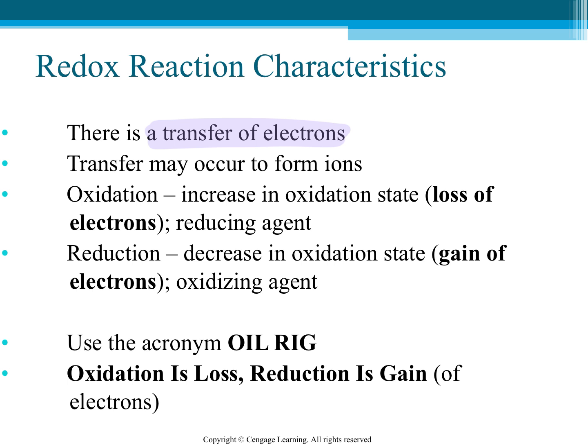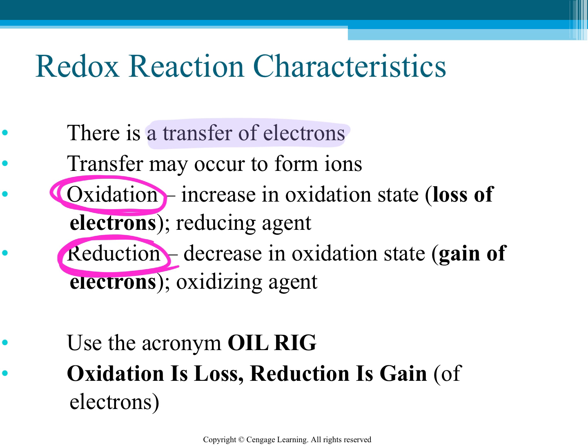But within a redox reaction, there is an element that undergoes oxidation, and a separate element that undergoes reduction. That's where the nickname comes from. So one of our elements is oxidized, and one is reduced.